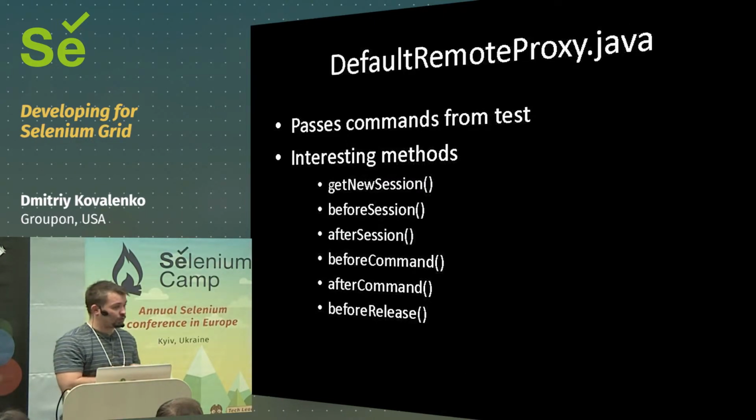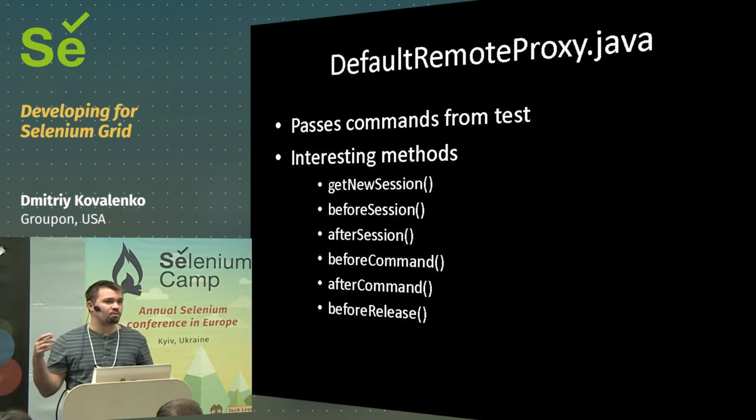The default remote proxy is the Java class that is used for it. That is what controls the whole session starting and ending. And it has some very nice methods that you can poke around with. Just be careful. Get new session is the obvious one, and that is the method that is called as soon as the hub is trying to start a new session on one of the nodes. With that one you can do some fun things and intercept some commands or add commands.